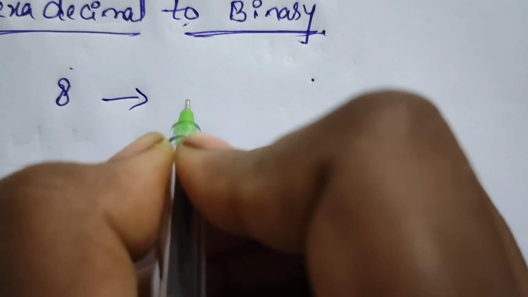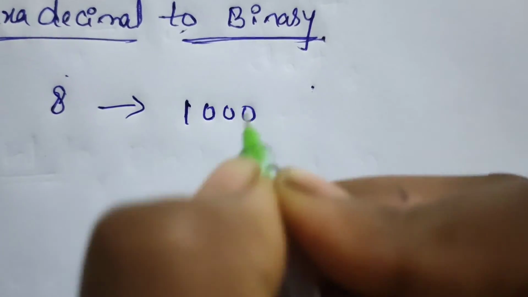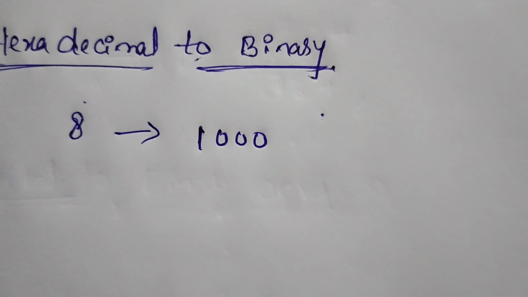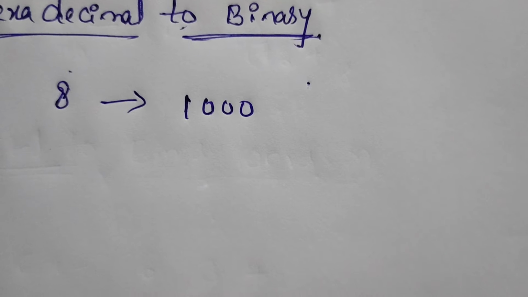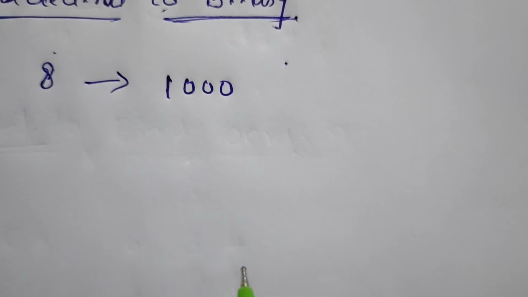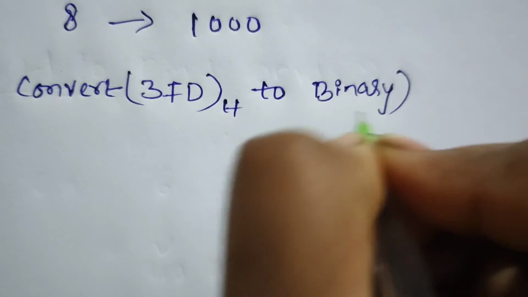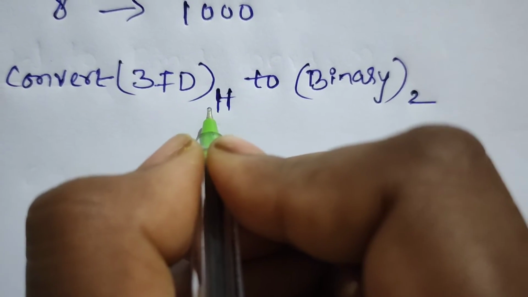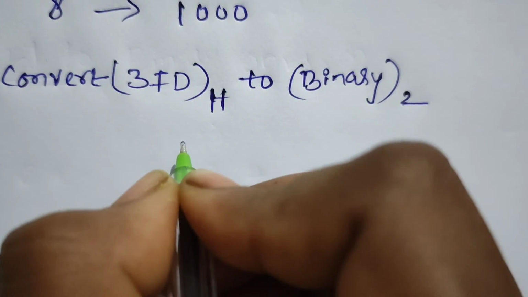That is, 8 means 2 power 3, 1000. So every single digit in hexadecimal is represented with 4 equivalent bits in binary. So let us take an example. As I told you, each single digit of hexadecimal is converted to its binary with 4 equivalent bits.